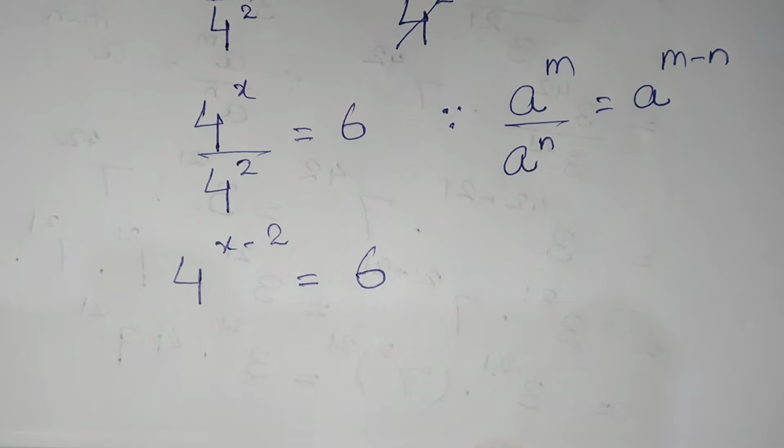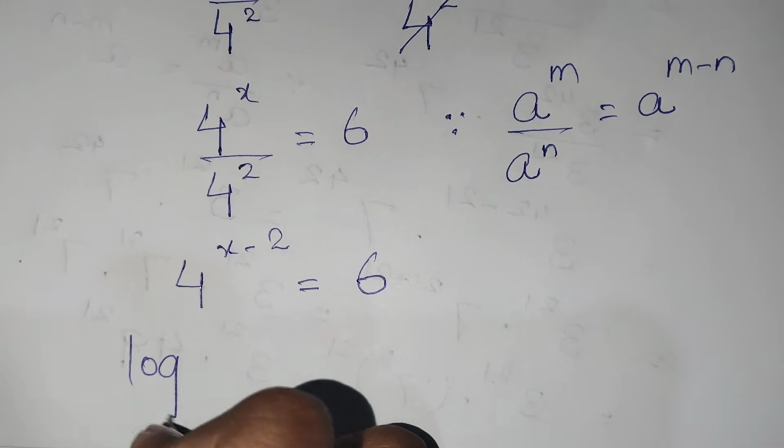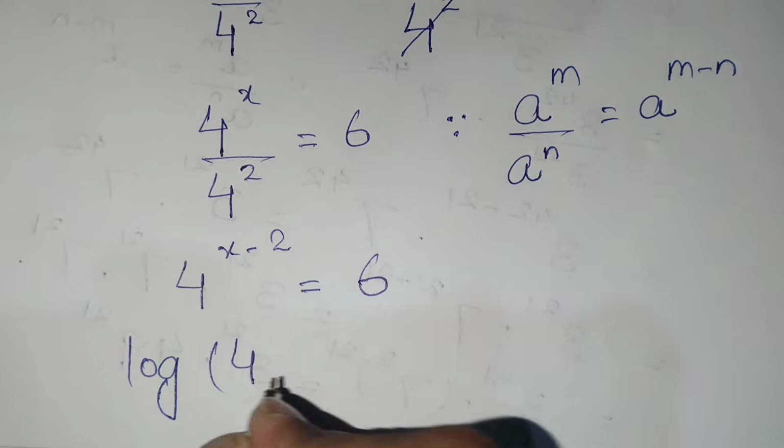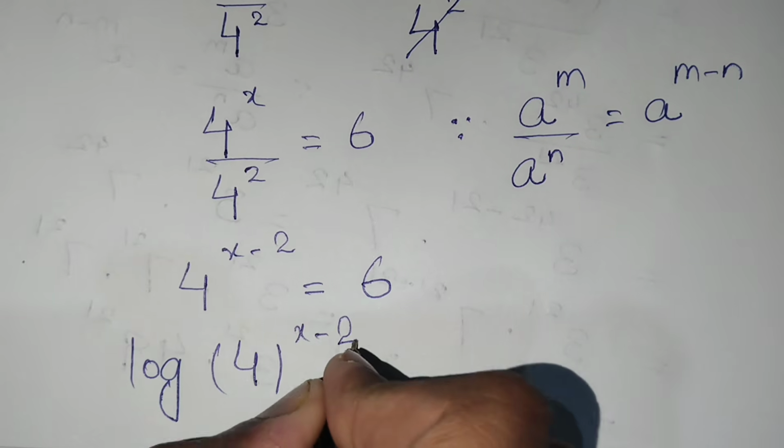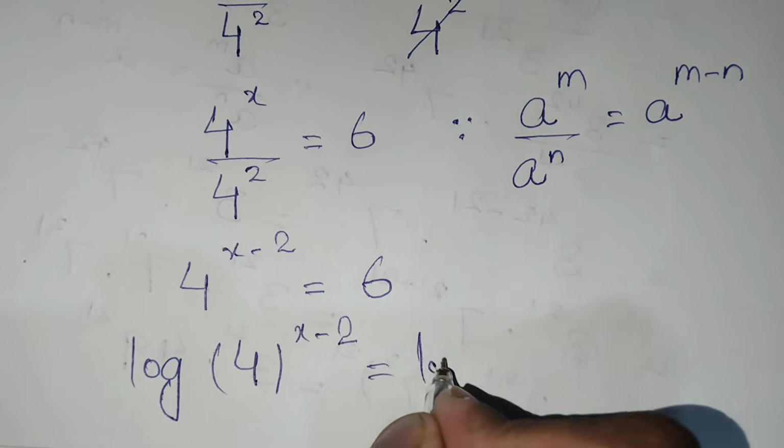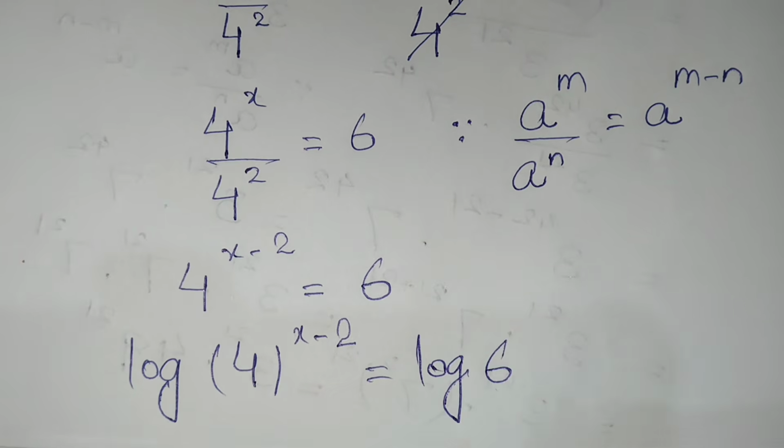Now we will take the logarithm on both sides of the equation. The log of 4 power x minus 2 is equal to log of 6.